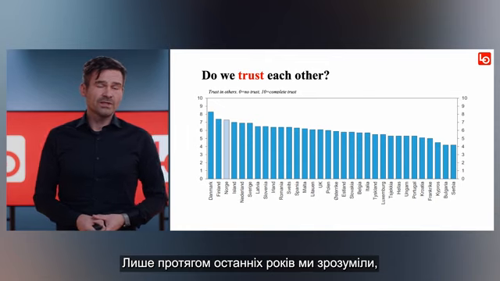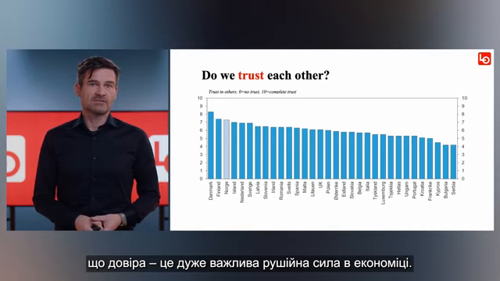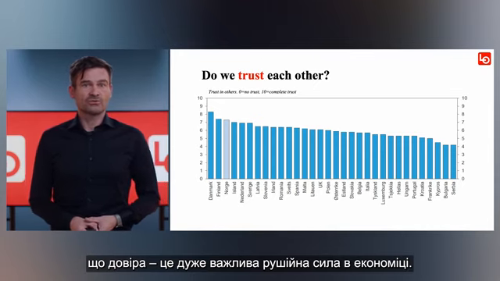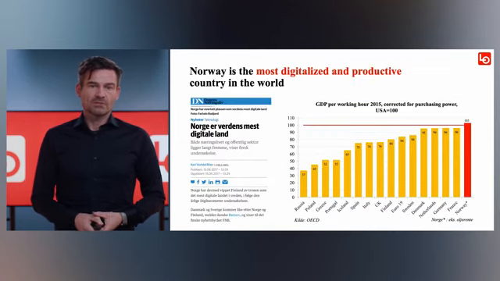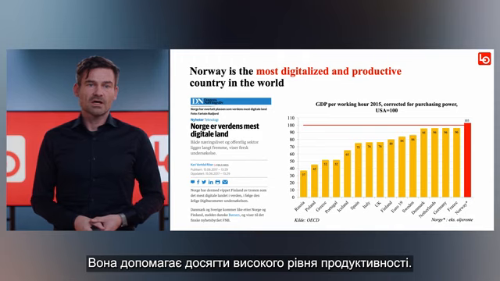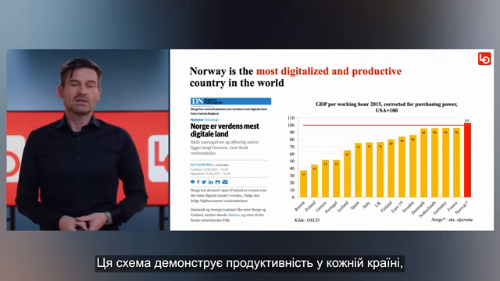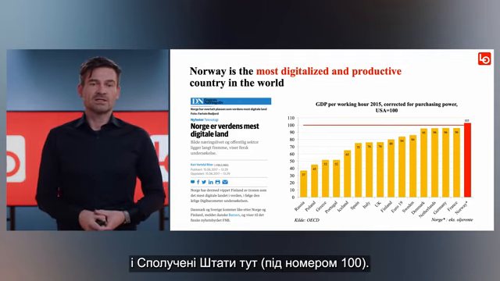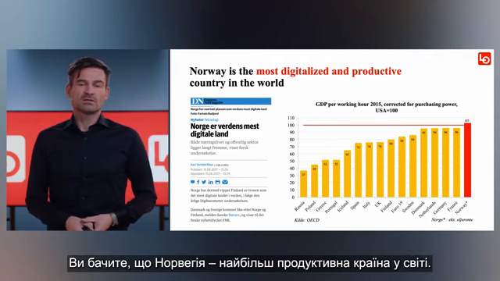And it's only in recent years that we learned that trust is a very important economic driving force, producing high productivity levels. This figure shows the productivity in each country, and the United States is 100 here. So you can see that Norway is the most productive country in the world.